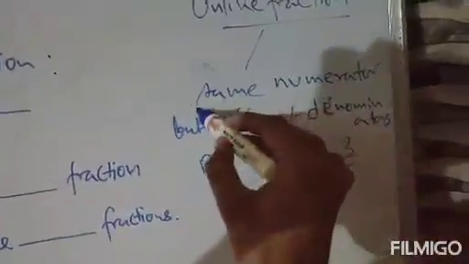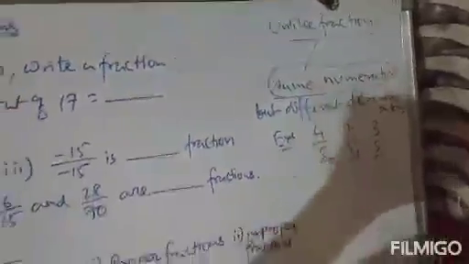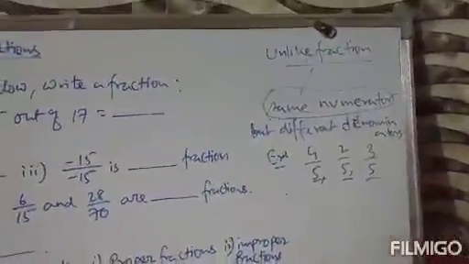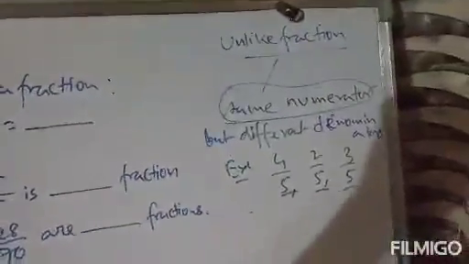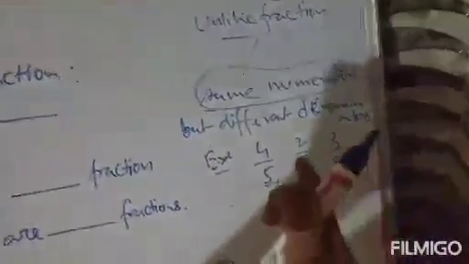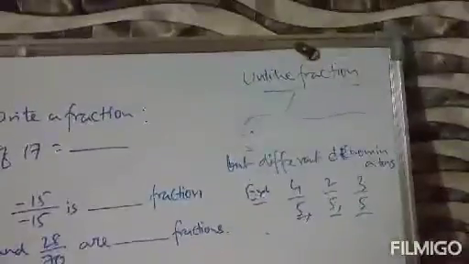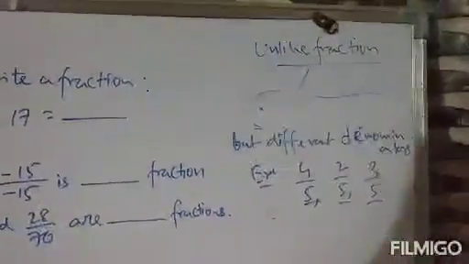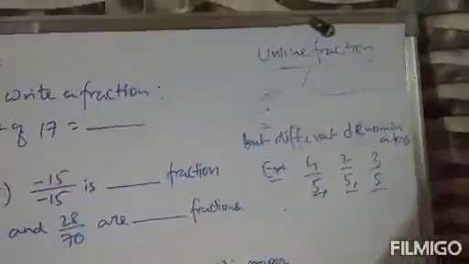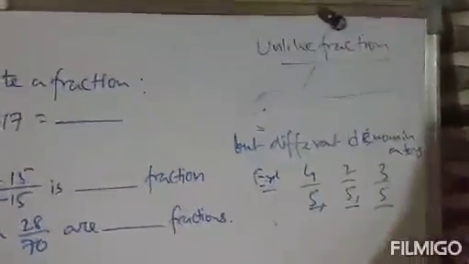The same numerator condition can be sustained or cannot be sustained. That means if a fraction has only different denominators, that fraction will be your unlike fraction. The numerator need not be the same in an unlike fraction. The definition of an unlike fraction is a fraction having different denominators.